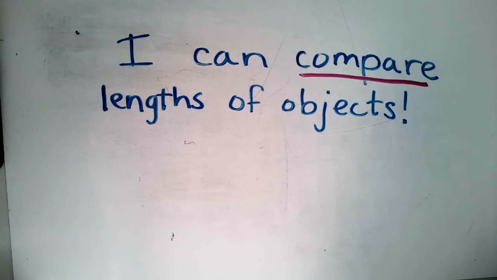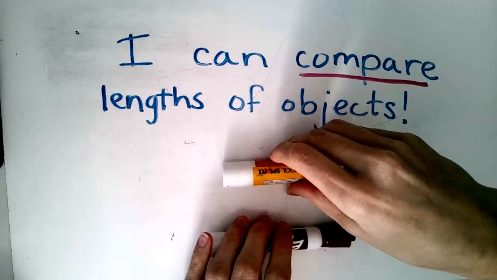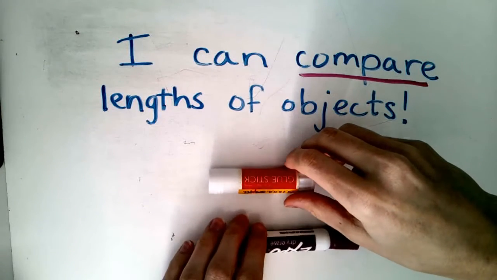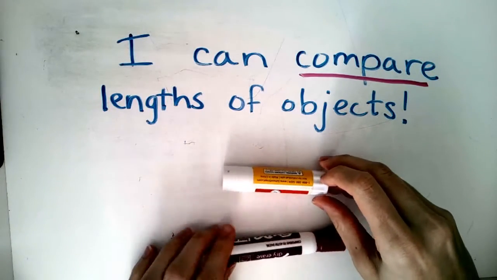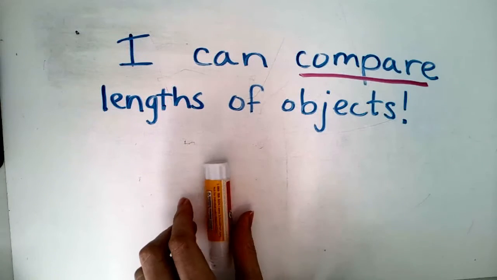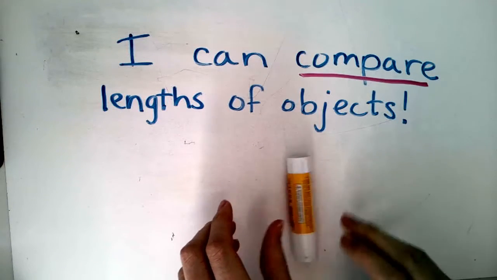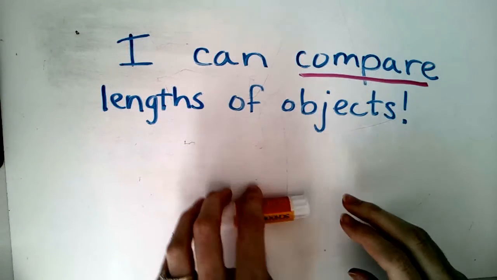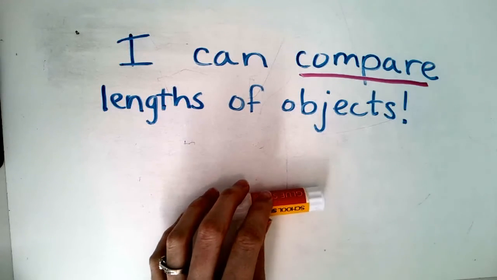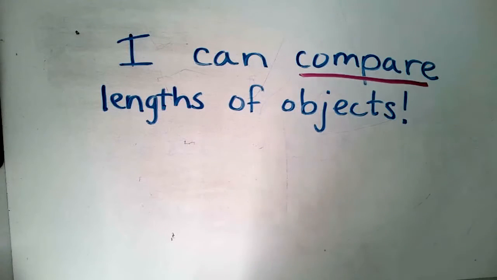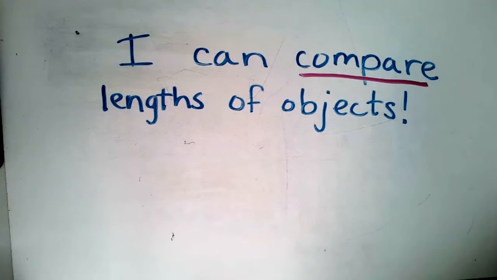So I want to show you something, and if you'd like to do it with me, you may do that. I have a glue stick handy here and I have my dry erase marker. I'm going to start with my glue stick, if it will stay still. It doesn't ever want to stay still. Well, that's okay. I'll get some centimeter cubes to hold it down. I wanted to go ahead and measure my glue stick.